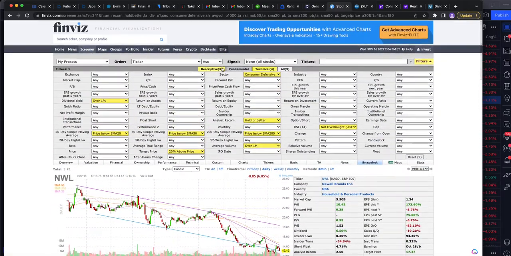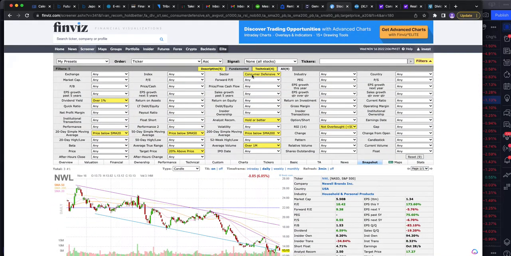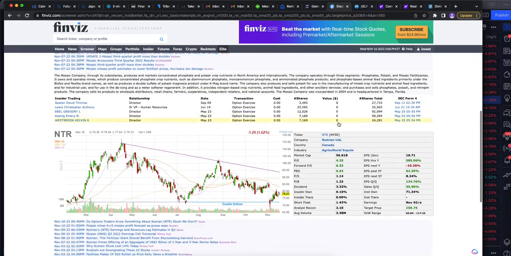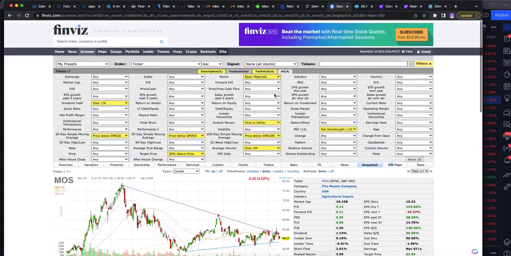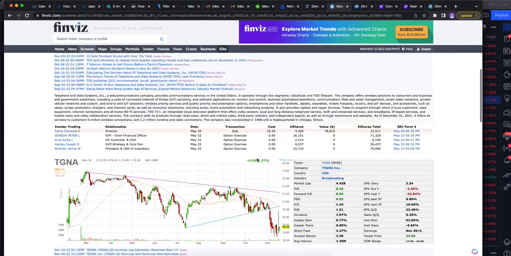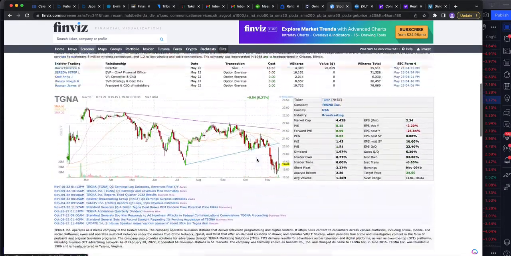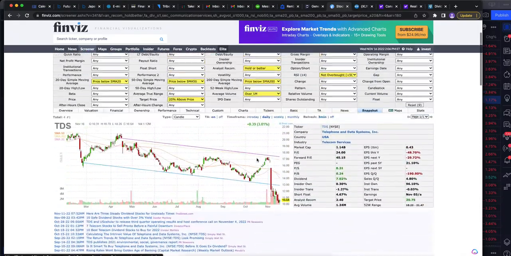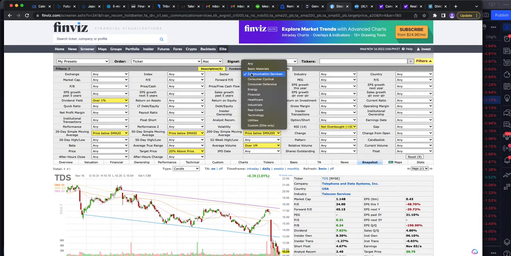So that's for that. You might have some that's in consumer defense. You could go through this list and just find companies that you are familiar with and create your own ETF in your portfolio. You don't need to just pay for an ETF and try to set it and forget it, because you're not going to get the money that you think you're going to get.